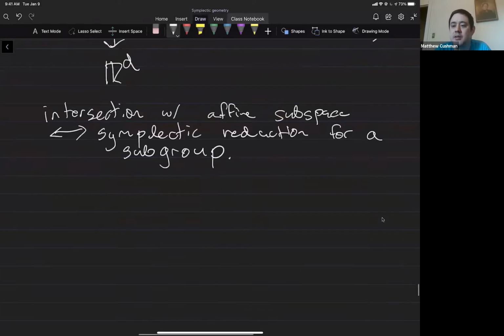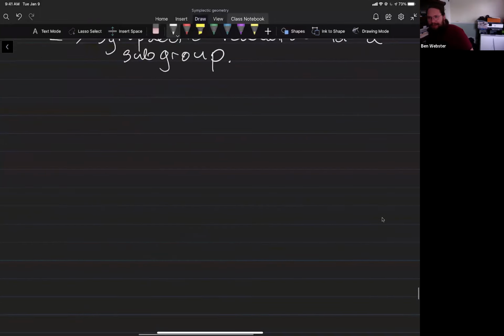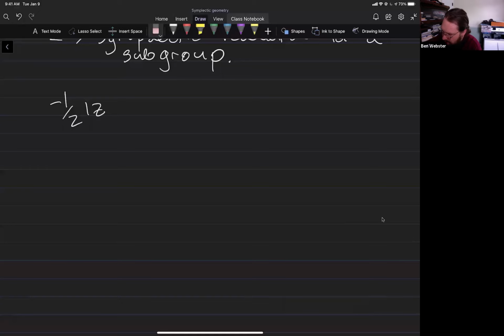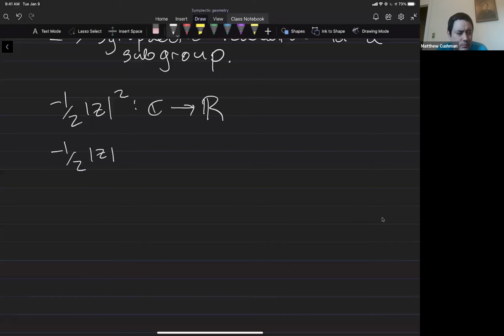Oh, I see. So an example that had come up in some conversations I was having with you is, what if instead of -1/2 Z squared, which is a map from C to R and generates the S1 action on C by unit complex numbers, what if I didn't have that squared there? What if I took minus the absolute value of Z? Well, of course I would have a problem at 0. Right. That would be rough.